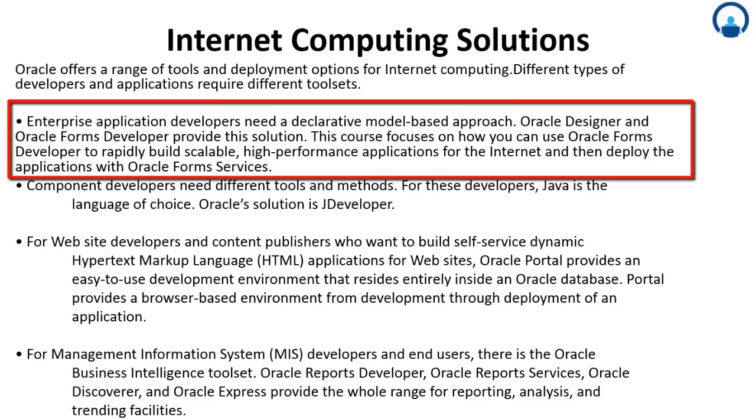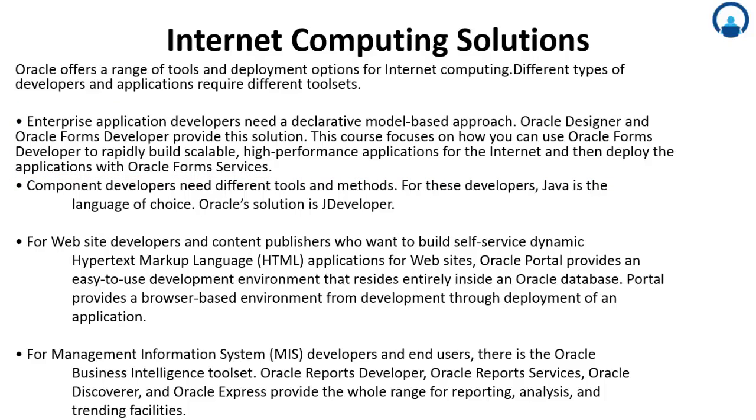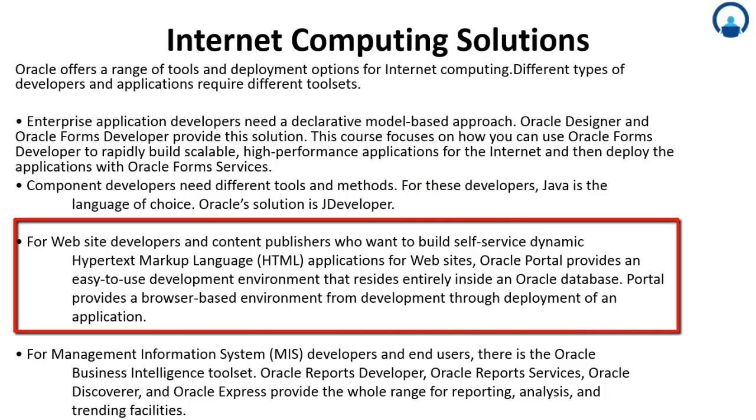Component developers need different tools and methods. For these developers, Java is the language of choice. Oracle's solution is JDeveloper. For website developers and content publishers who want to build self-service dynamic Hypertext Markup Language, that is HTML, applications for websites, Oracle Portal provides an easy-to-use development environment that resides entirely inside an Oracle database.